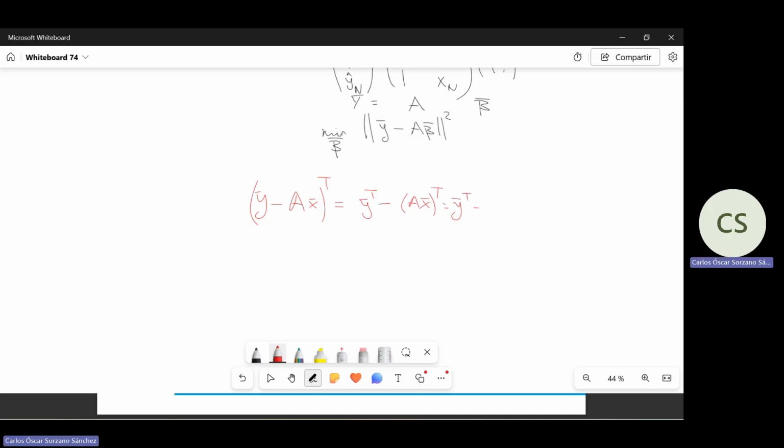The transpose of a multiplication: if you have a multiplication and you want to transpose it, you have to transpose it in reverse order.